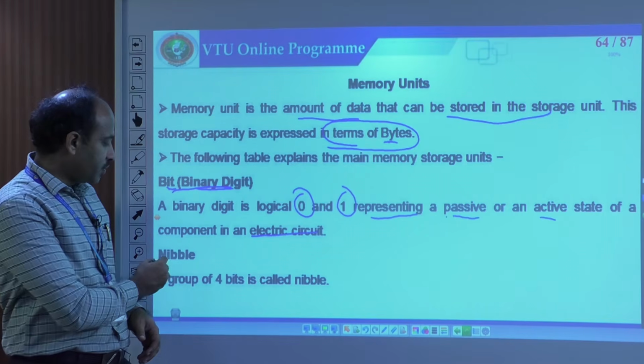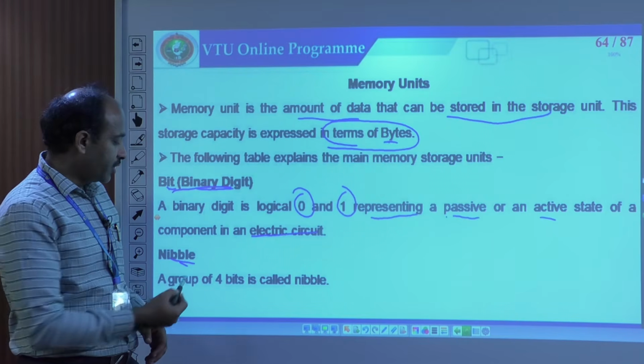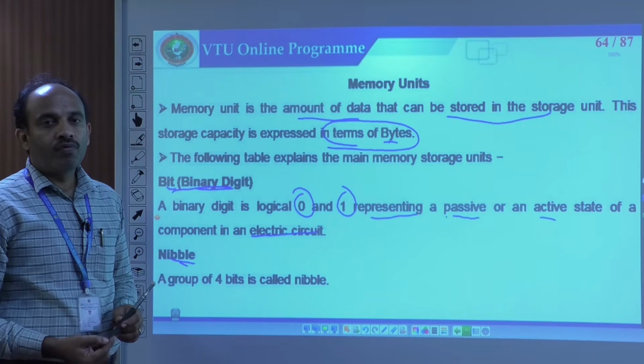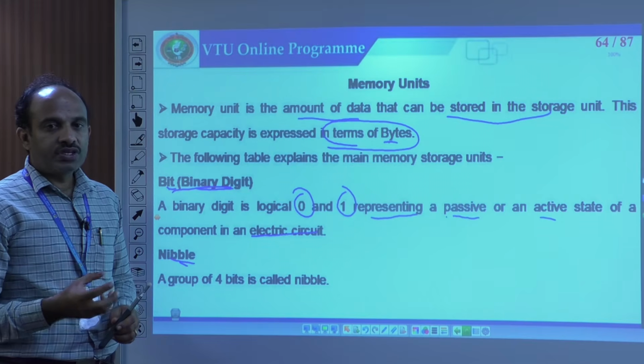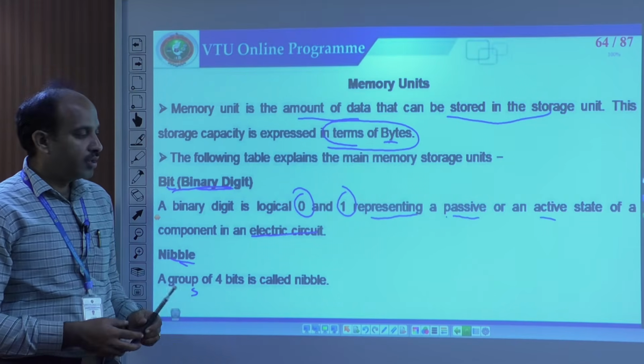Next, another important storage unit is the nibble. A nibble is a group of 4 bits. One bit is 0 or 1, and 4 such bits we call a nibble.